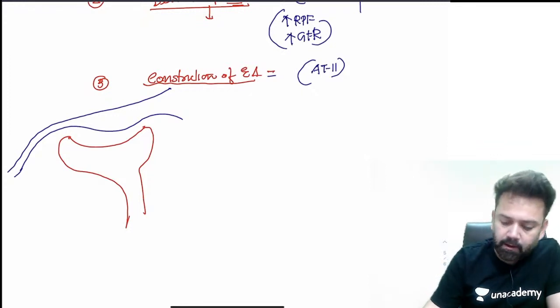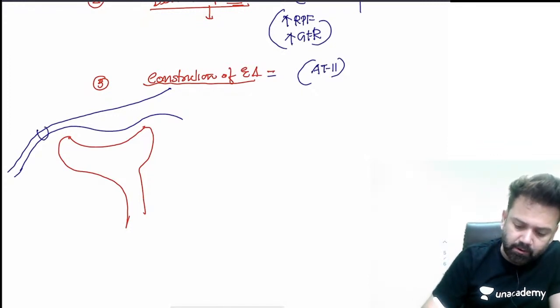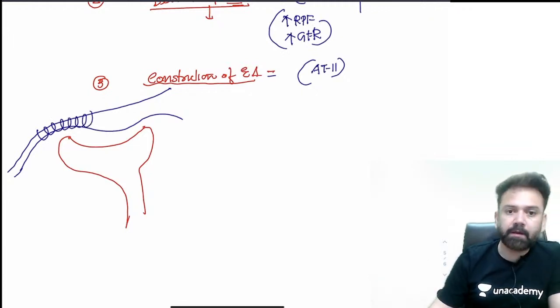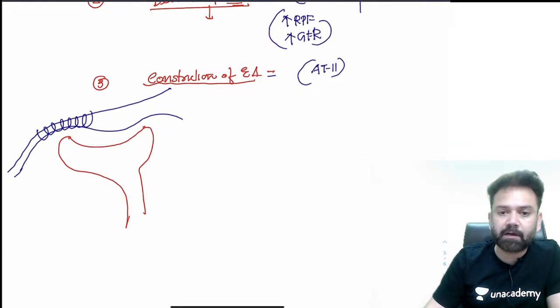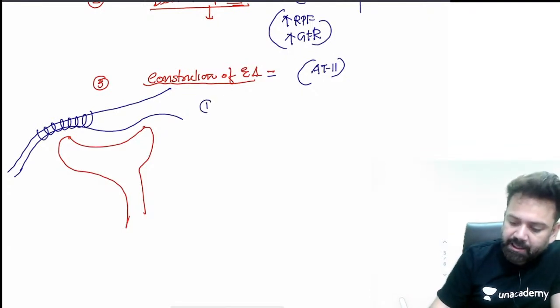If there is constriction of the efferent arteriole, the first change that will happen is that hydrostatic pressure is going to increase.